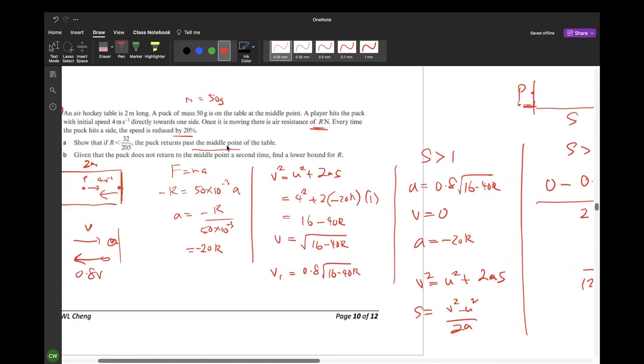For the second time, not the first time. Wow, complicated. How to do?